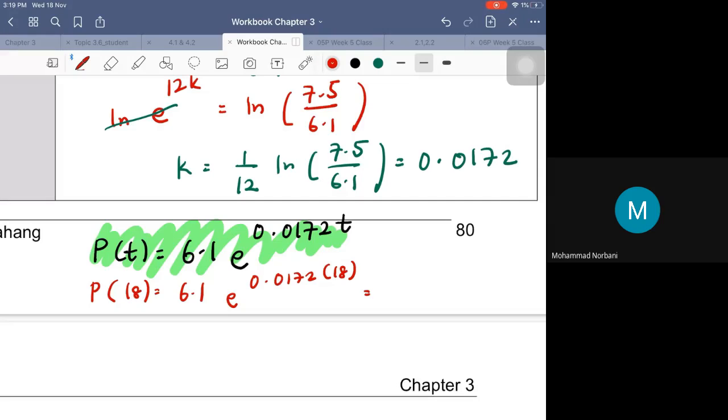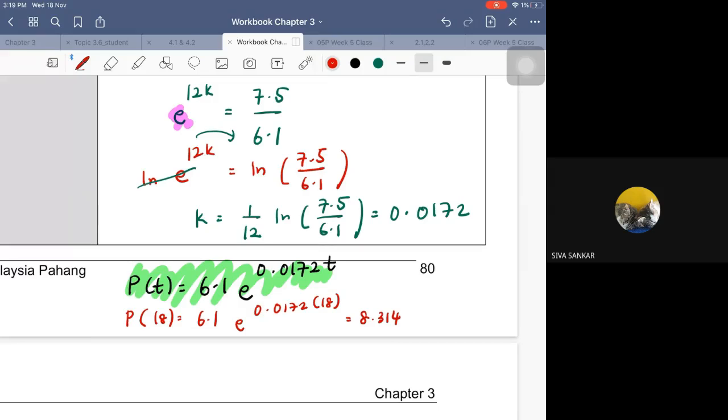Siva seorang je ke ada calculator sekarang? 8.314? Okay. Yep. Tapi you kena ingat, ni bilangan orang.